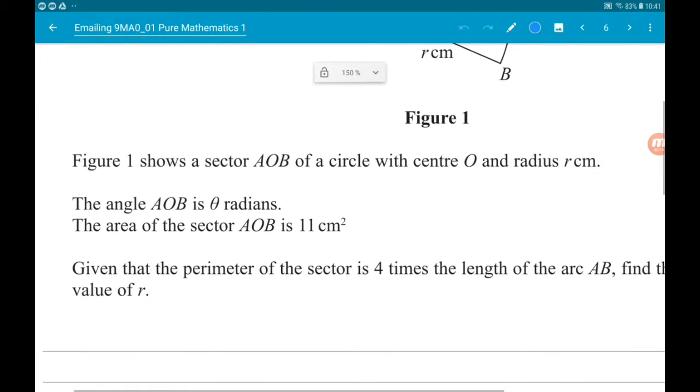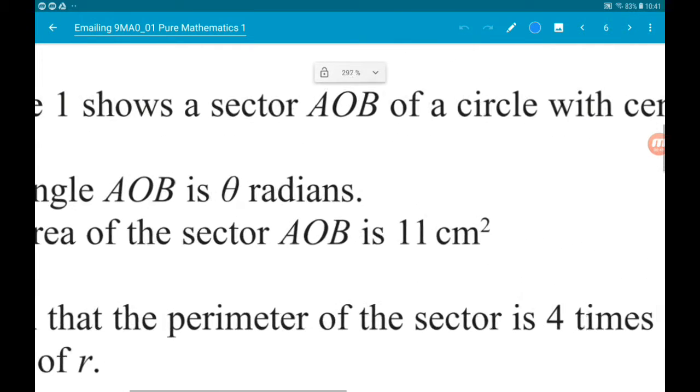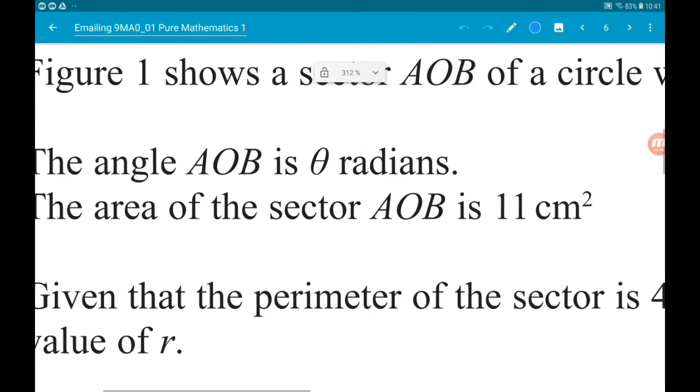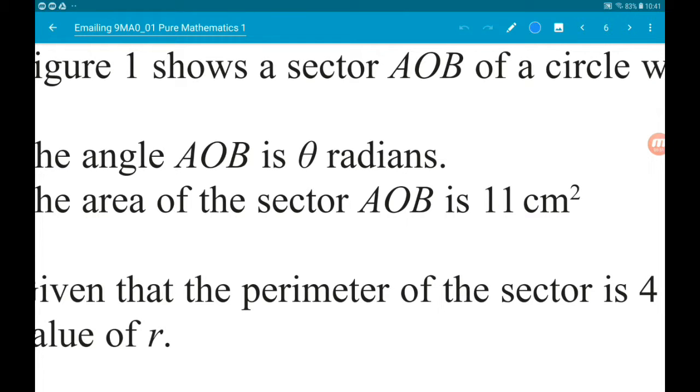So, we are told the area of the sector AOB is 11 centimeters squared, and we are told that given that the perimeter of the sector is 4 times the length of the arc AB, find the exact value of r.